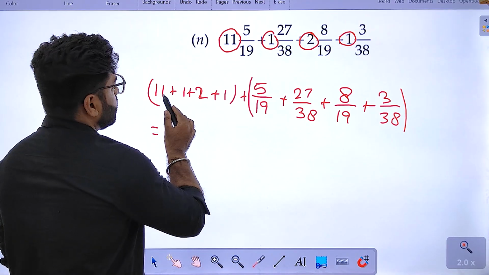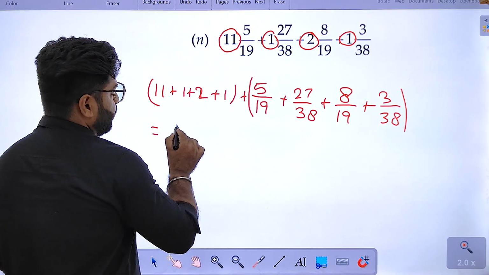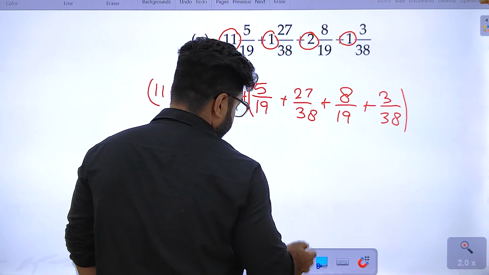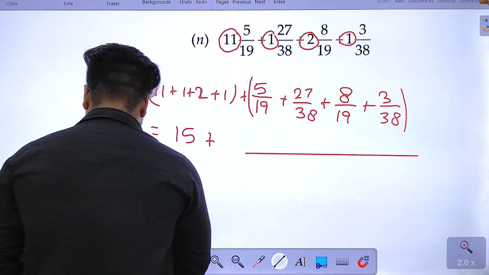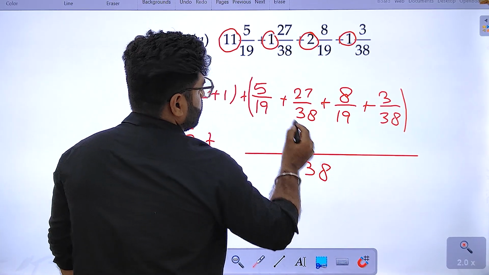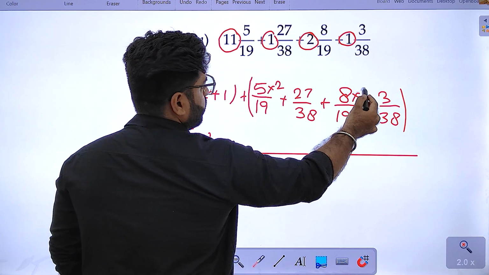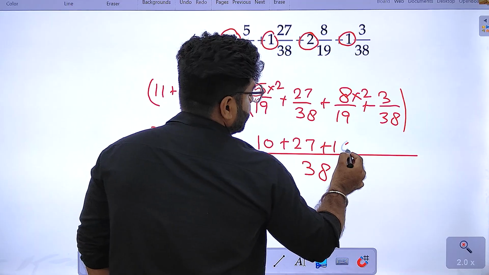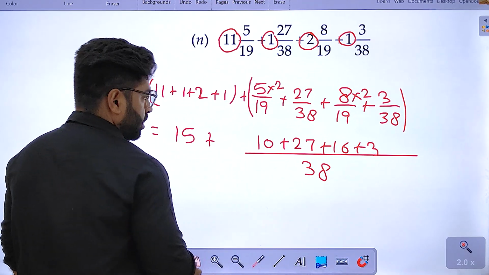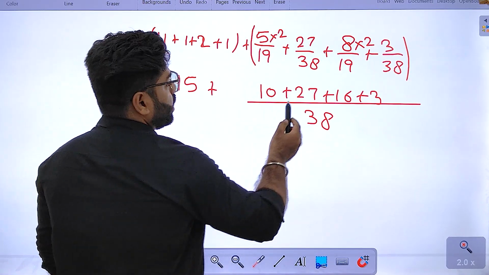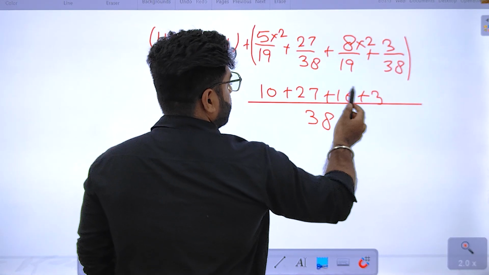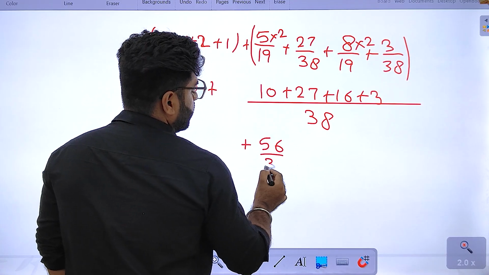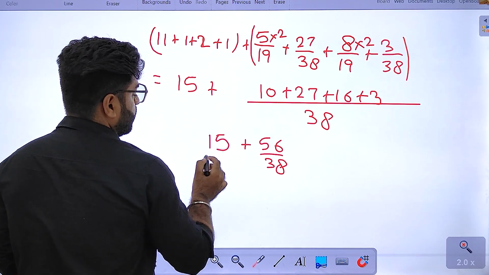Okay, here we are having just like 11, 12, 13, 14, 15 here. Now we have to take the LCM. The LCM of all these fractions is 38. So we have to multiply it by 2 here. So we are having 10 plus 27 plus 16 plus 3. Okay, so here we are having 20, 30, 40, 50, this is 56 by 38, and this is 15.